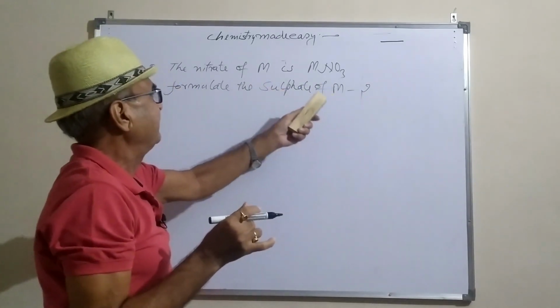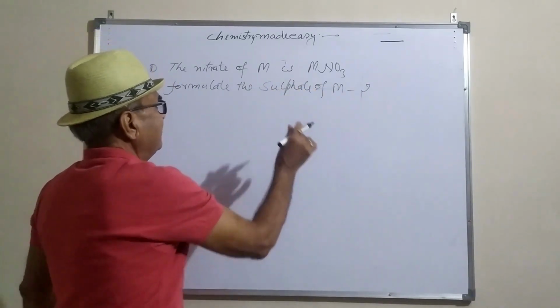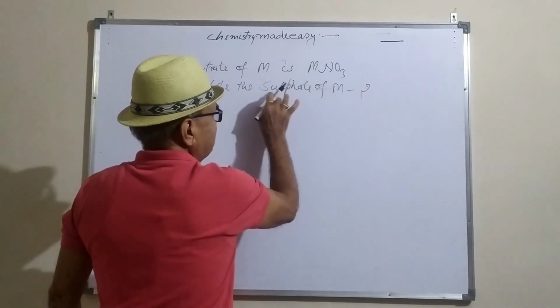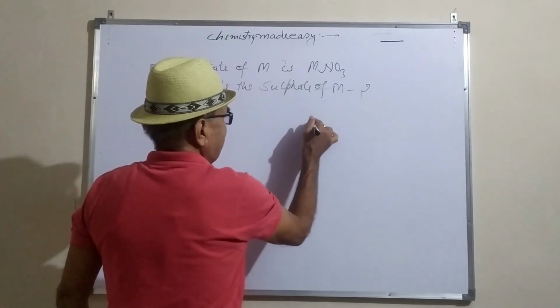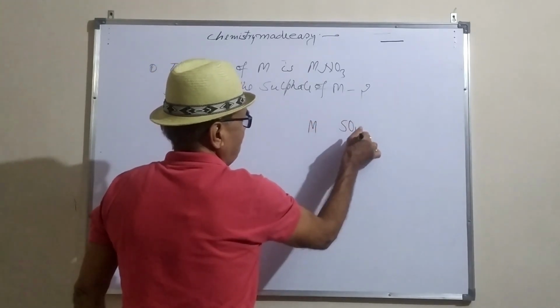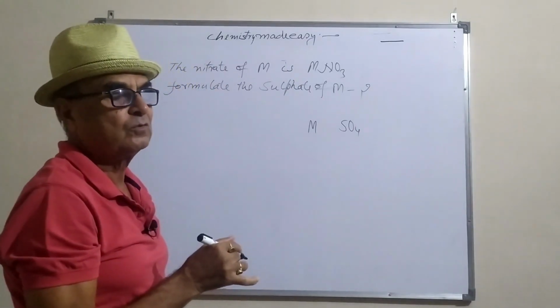When you try to make the formula of M sulfate, you will write it like this: MSO4.